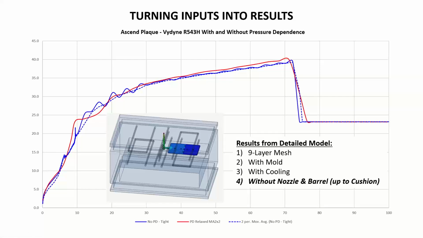These materials are at least mildly, if not greatly, compressible. A lot of amorphous materials like polycarbonates are more compressible. So things like pressure dependence may make a little difference. Here it's a very small difference between a little bit below 38, 39 megapascals and just over 40 megapascals with pressure dependence.